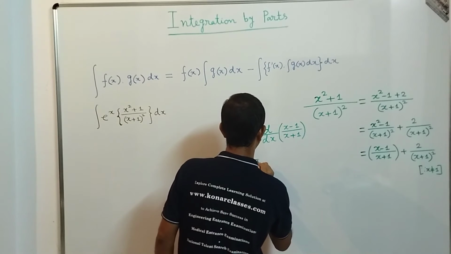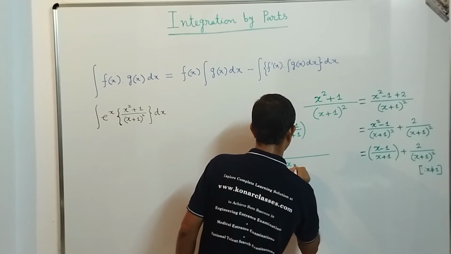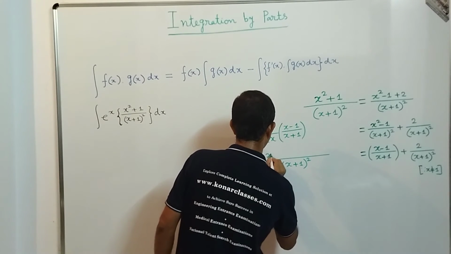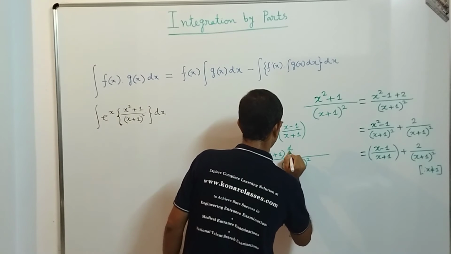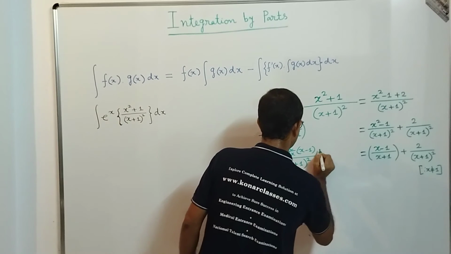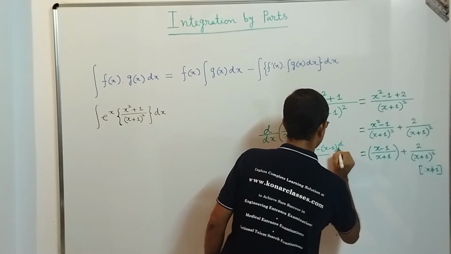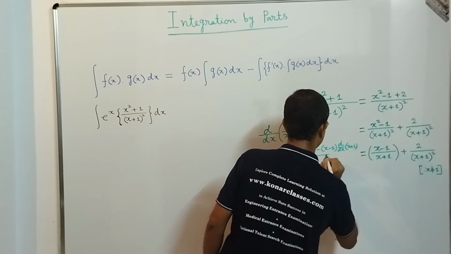So if you know the differentiation of this one, this is equal to (x + 1)² in the denominator. Then it is (x + 1) into d/dx of (x − 1), correct, minus (x − 1) into d/dx of (x + 1), correct.